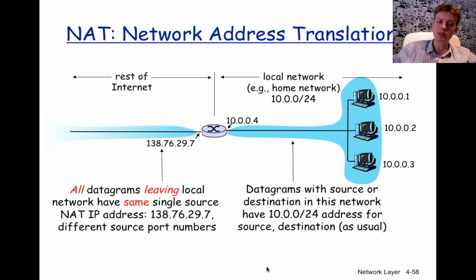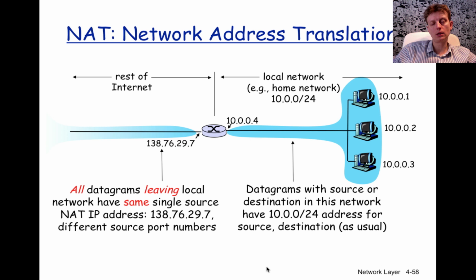This situation was understood quite some time ago, around 10 years ago at least. And partially as a solution to the then envisioned problem of running out of IP addresses, an architecture was suggested to deal with the problem, and the name for the architecture is network address translation.